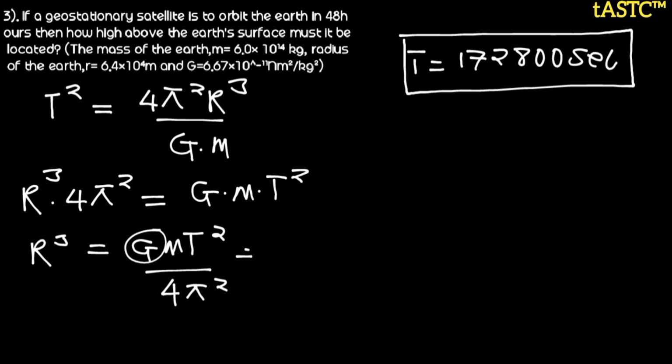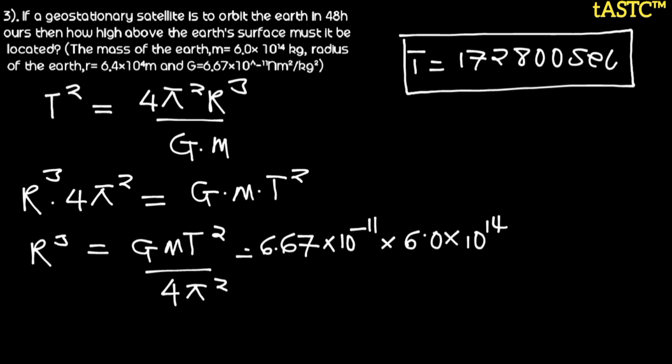Now we've got g. So what is g going to be? Now g is 6.67 multiplied by 10 raised to the negative 11. And this is multiplied by the mass, that is going to be the mass of the Earth. So that is 6.0 multiplied by 10 to the 24th.